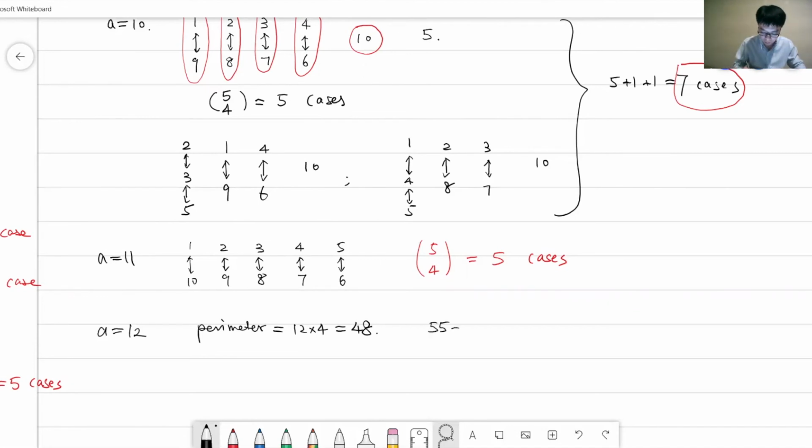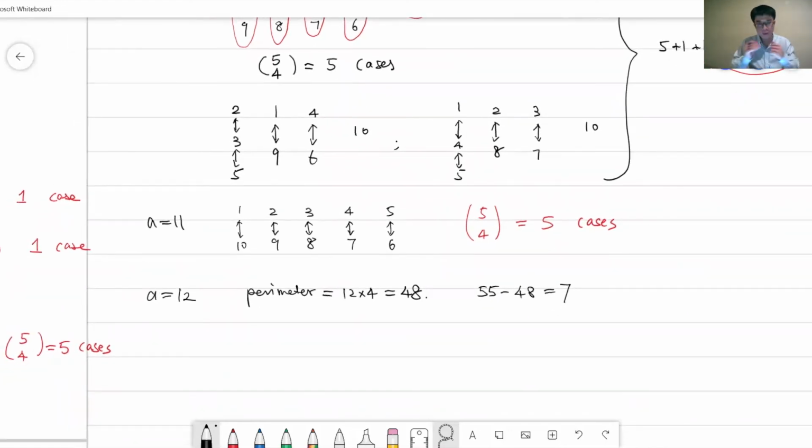So 55 minus 48 equals 7. In other words, we don't use certain sticks, and these sticks add up to 7. We remove these sticks and keep the remaining sticks to form a square. And here the side length is 12, so 12 has to be a sum of at least 2 sticks. So we have at least 8 sticks.